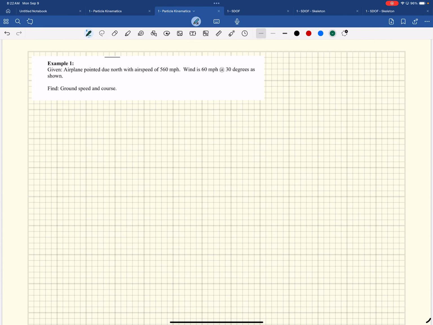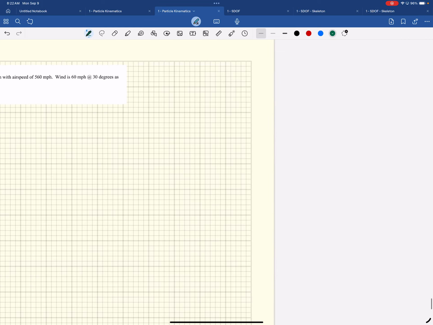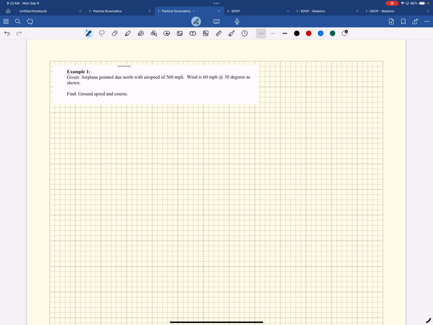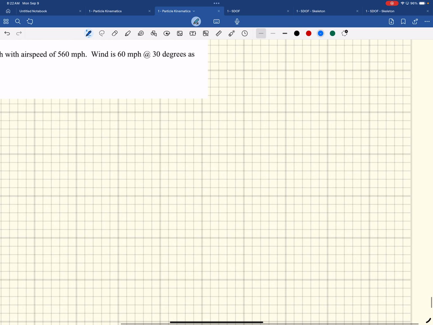All right, so we have an airplane pointed due north with a speed of 560 miles per hour, so the velocity of the plane as seen from the wind is 560 miles per hour. Wind is 60 miles per hour at 30 degrees as shown. Here's my airplane.